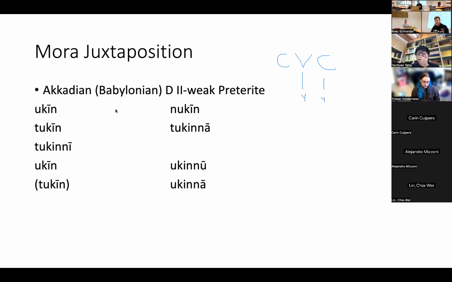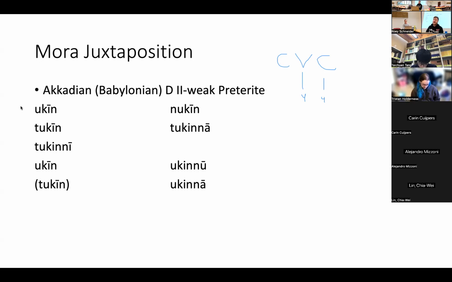So in the Akkadian inflection of the D of middle weak roots, we can see an interesting phenomenon. Also, it happens in the G in some places. I have proven, ukin; you have proven, tukin; but you, feminine singular, have proven, tukinni.